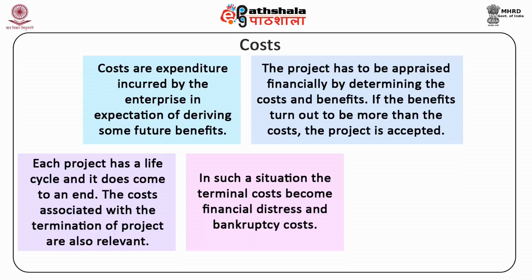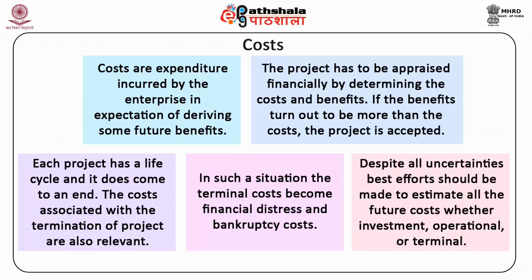But operating and terminal costs are generally future projections and can go haywire. Despite all uncertainties, best efforts should be made to estimate all the future costs, whether investment, operational, or terminal.